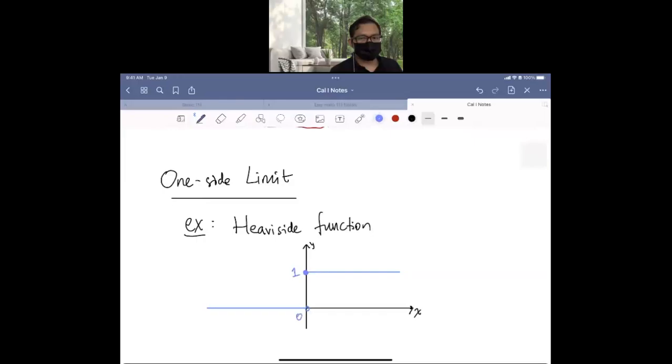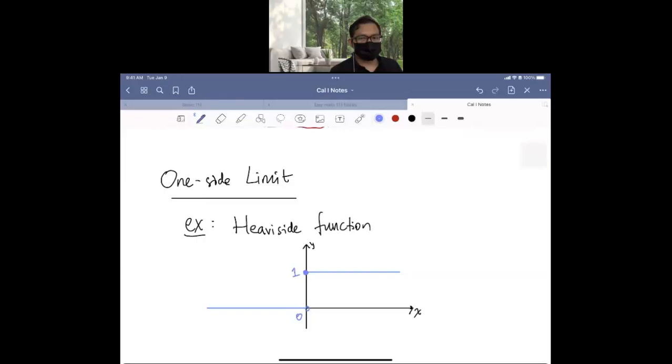So this is just a horizontal line. But what's so important about this function is that you can think of this 0 and 1 as a switch on your on-off button. This is how it works. That's why it's used in electrical devices or electrical engineering in general.